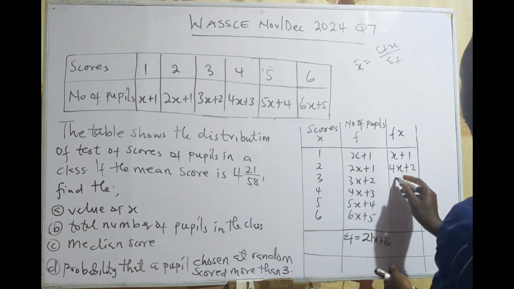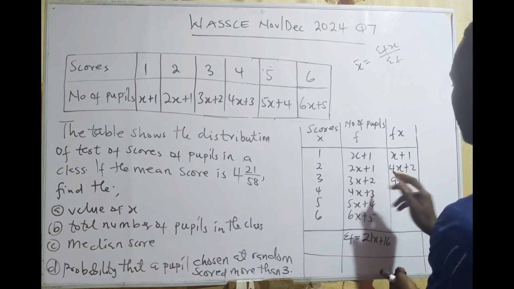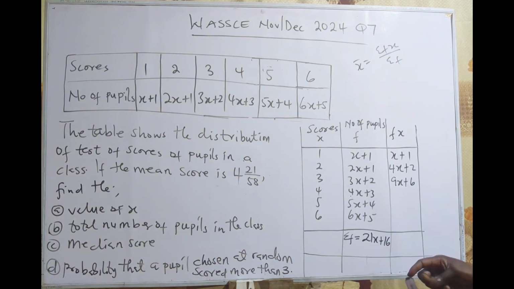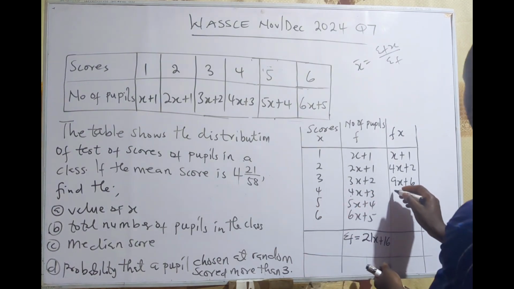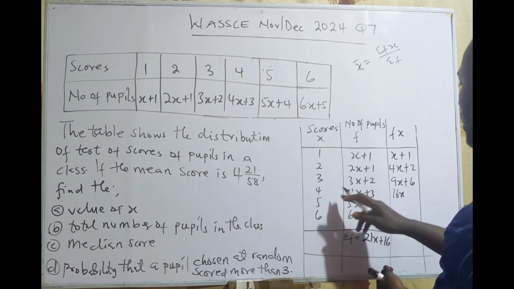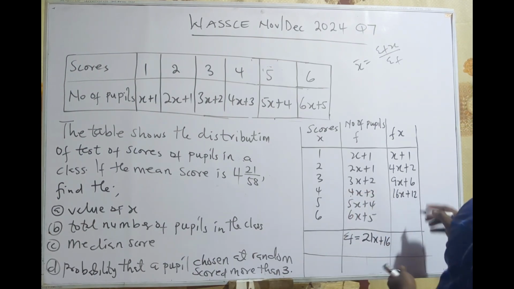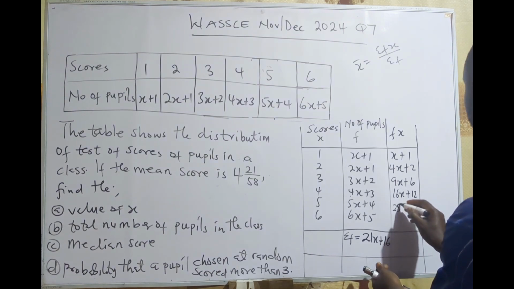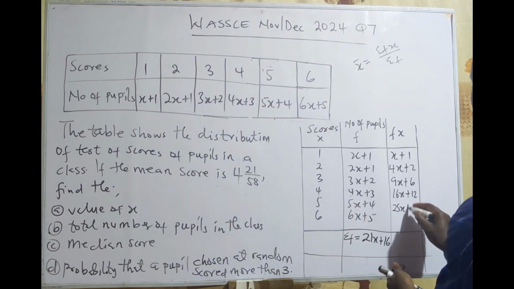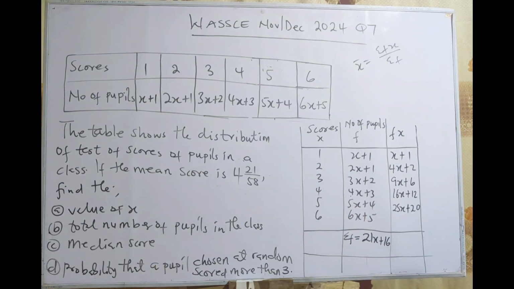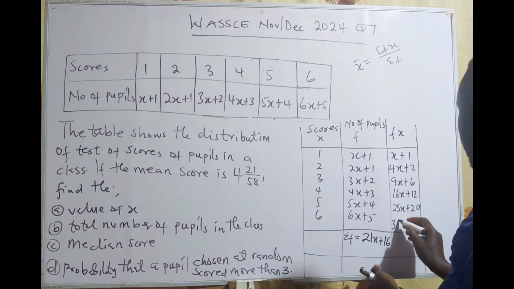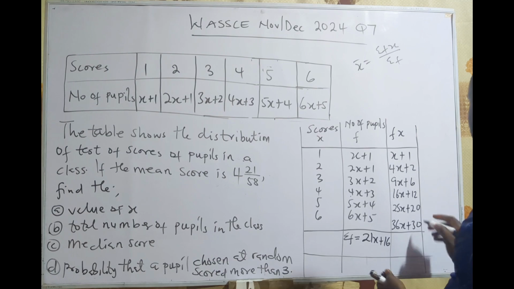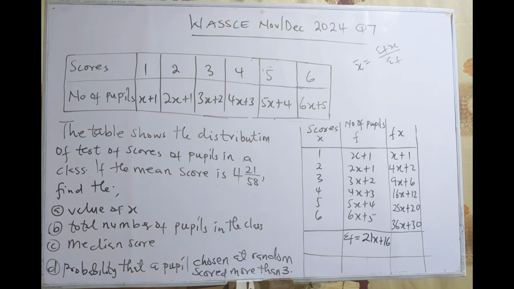Then 3 by 3s gives me 9s, then 3 times 2 gives me 6. 4 by 4s gives me 16s, then 4 times 3 gives me 12. Then 5 by 5s gives me 25s, then 5 by 4 gives me 20. Then 6 by 6s, 36s, and 6 times 5 gives me 30. So this is what we have.